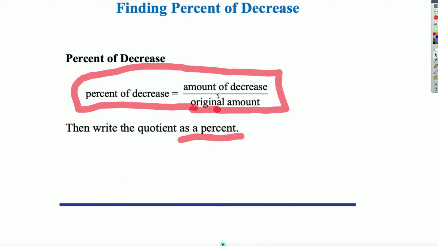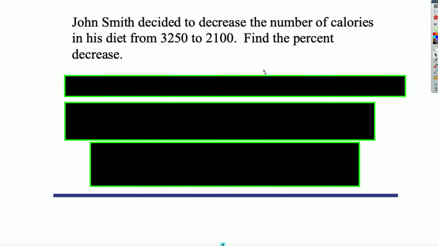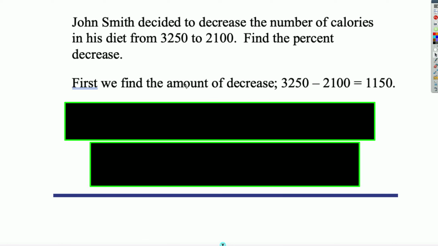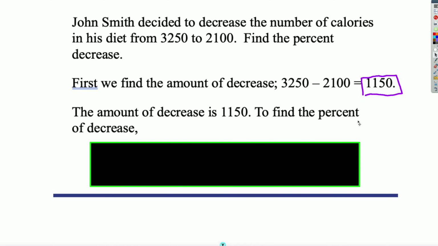So my amount of decrease is what I need. To do that, I need to subtract what he's eating now from what he was eating. So I do 3,250 minus 2,100. That is my amount of decrease. So figure out the difference.